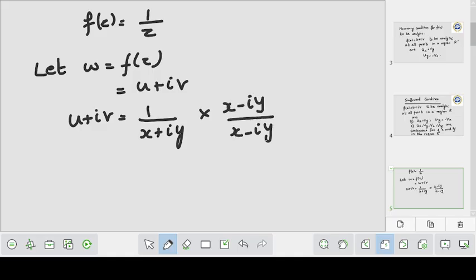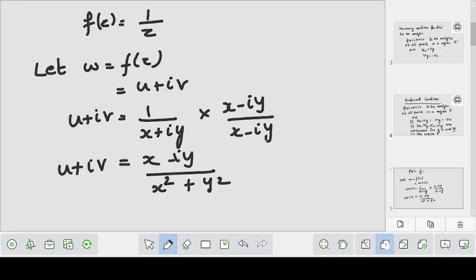In the numerator you have x minus iy, and in the denominator you have a plus b into a minus b, that is a squared minus b squared. So x squared minus i squared y squared, it becomes positive since the value of i squared is minus 1. So x squared plus y squared. So that is your u plus iv.